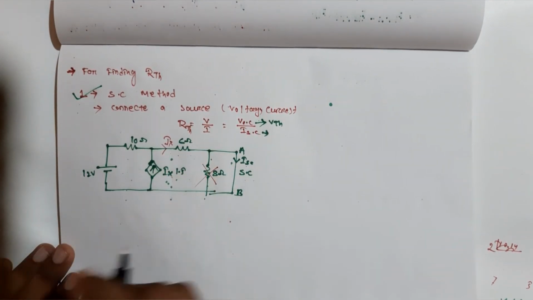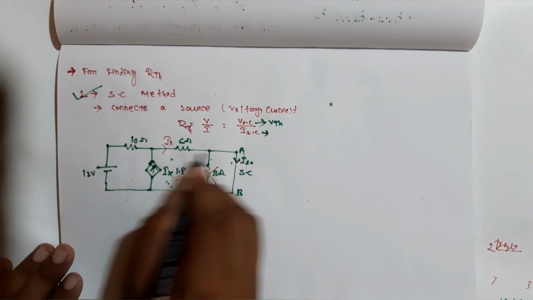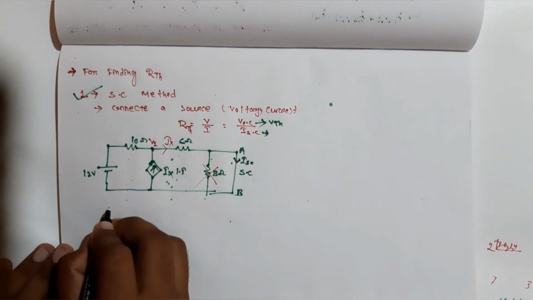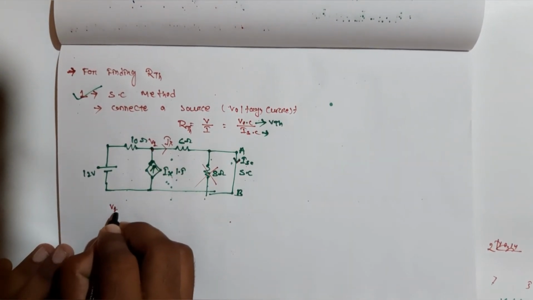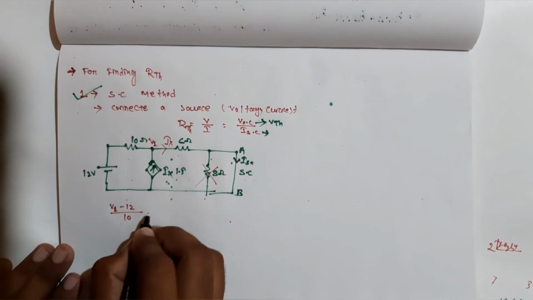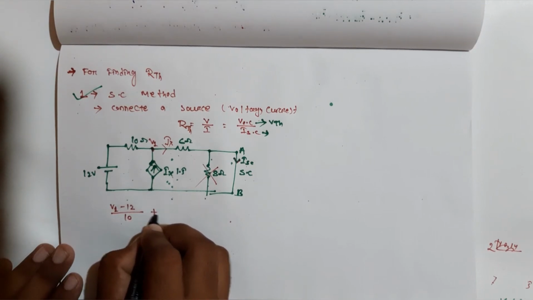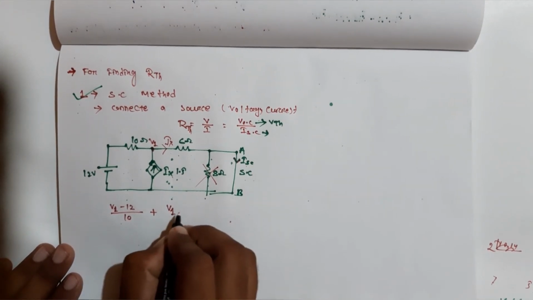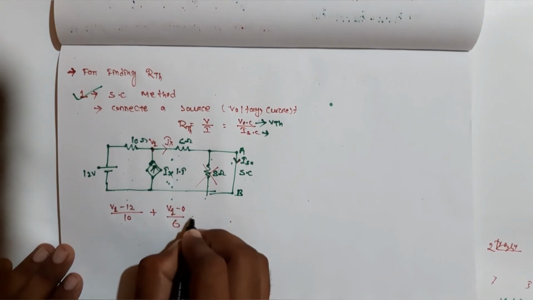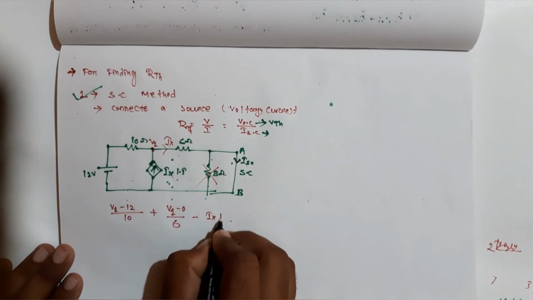Here, this is ISC. We need to find this ISC current, so we apply the node equation at V1. This is V1 minus 12 by 10, plus V1 minus 0 divided by 6, minus IX times 1.5.